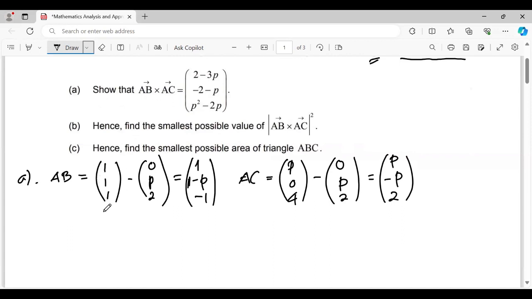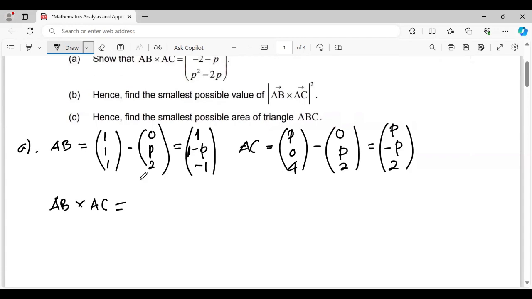Next, AB times AC. I would like to find it through matrix, determinant methods. Okay, i, j, k.